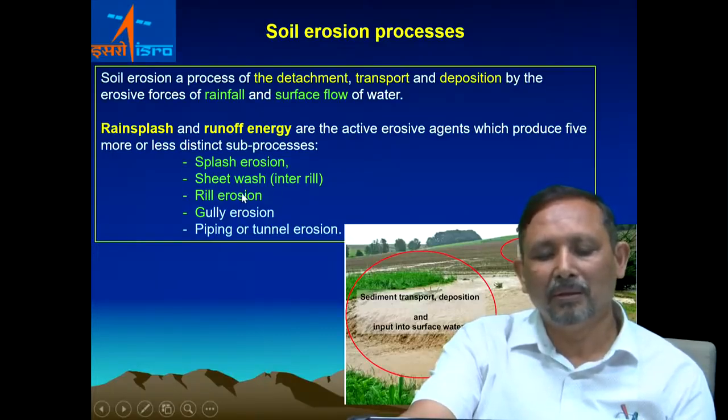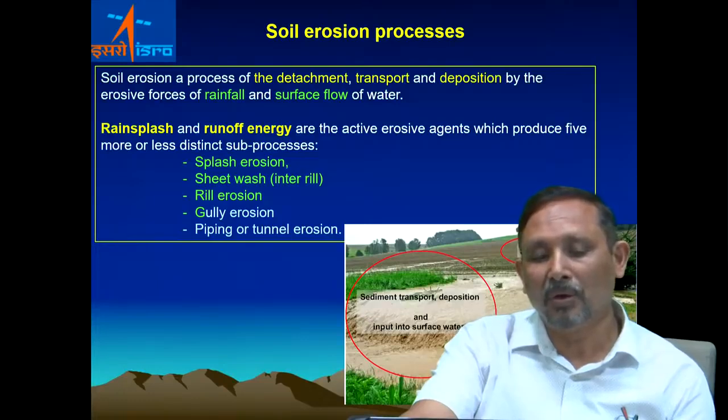Rill erosion occurs when the runoff water flows in a depressional area as a concentrated flow. When the concentration of runoff water increases because of depressions on the land surface, the velocity of the runoff water also increases and the amount of water is more.